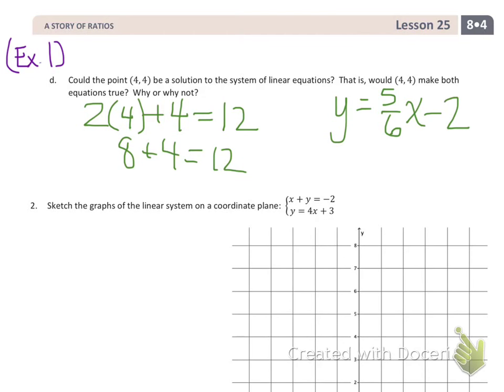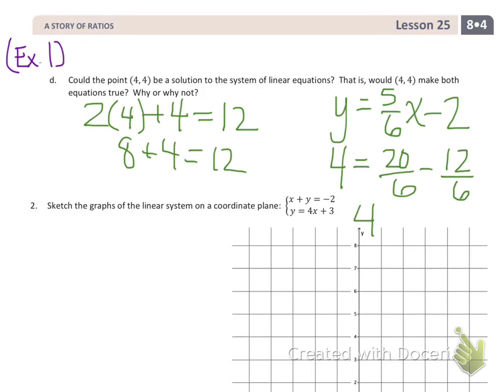But our second equation was y equals 5/6 x minus 2, and we would have y is 4 and x is 4. So 4 times 5/6 would be 20/6, minus 2. Going to express it as 12/6.